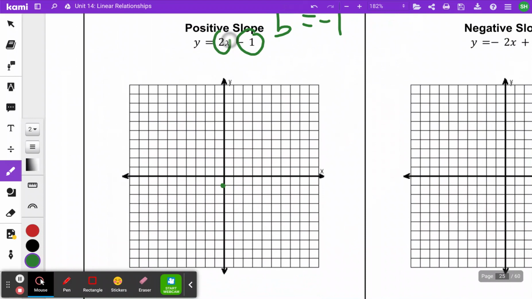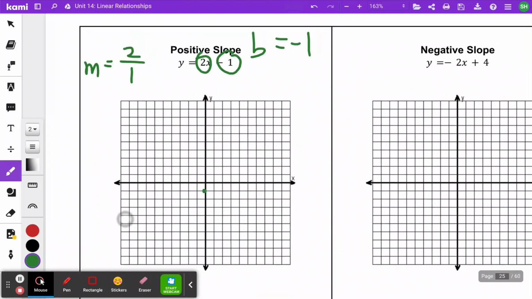Then I can look at the other number. In this case, it's a 2. So that tells me my slope is the number 2, or when we write it as a fraction, 2/1. What that does for me is it lets me know the rate of change. And what you might remember from our previous chapter is the rate of change is better known as the change in y divided by the change in x.